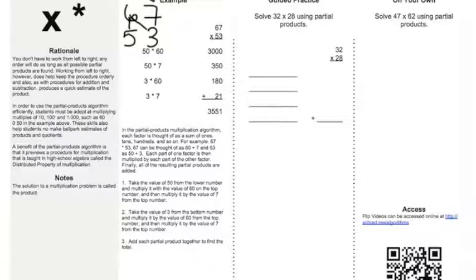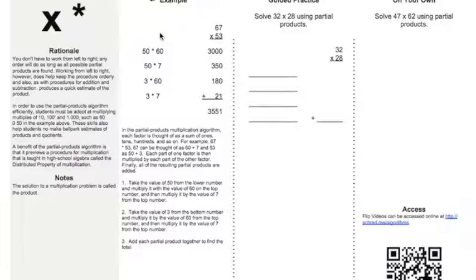Then I've got the 7, which is multiplied by 50, and the 7 is multiplied by the 3. Or you could think about it the opposite way. I could say the 50 is multiplied by 60, and the 50 is multiplied by 7, and the 3 is multiplied by 60, and the 3 is multiplied by 7. So each digit is multiplied by the digits in the other factor.